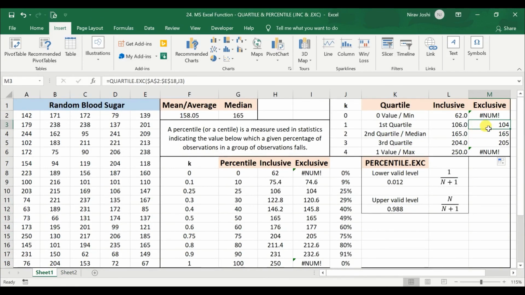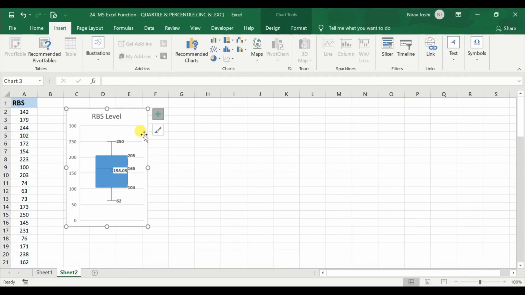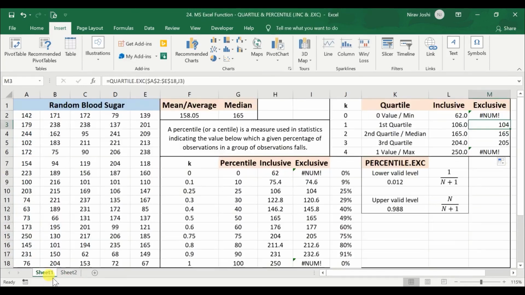So it corresponds to these values, not these ones. So Excel itself also uses these exclusive functions or formulas of percentile and quartile in calculation of data. So basically it follows all these three things: the definition, the major statistical software, and Excel itself support this calculation. So I hope you have a clear idea of the calculation of percentile and quartiles.